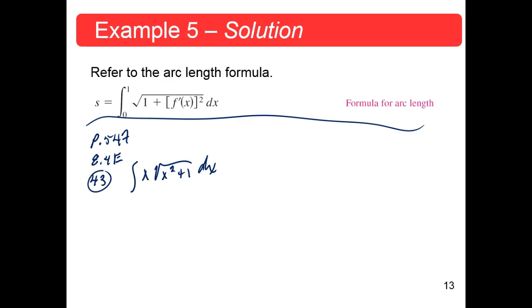You can look at that if you want. 63 is a fluid force, and you can certainly take a look at that if you're interested. 65 is verifying a formula. I'll let you decide whether you want to do that. 67 is the area of a lune. It sounds like a moon, but it's something not quite the same. It almost looks like a moon, but I'll let you decide if you want to go with that.